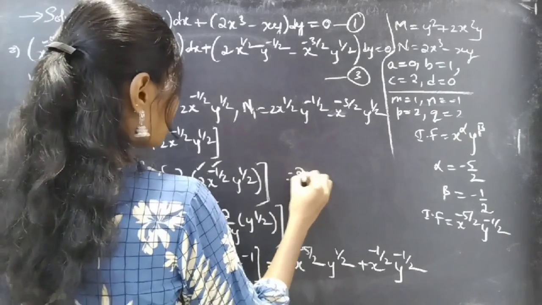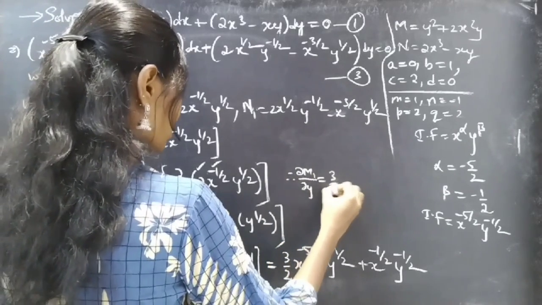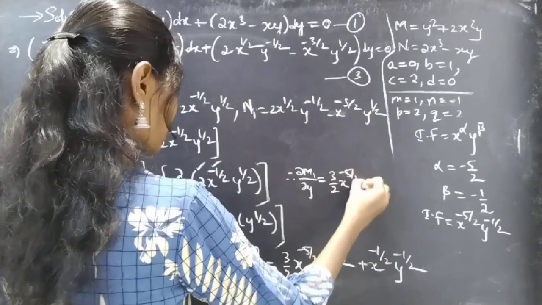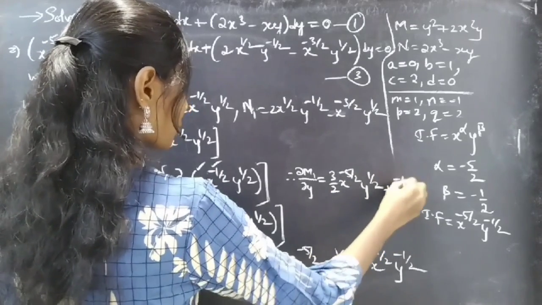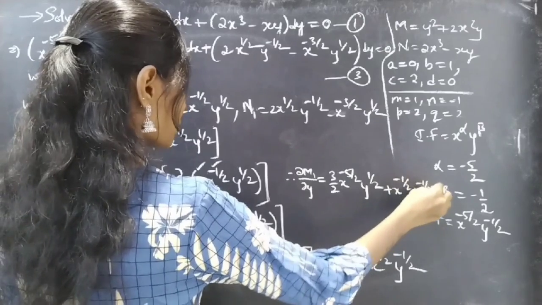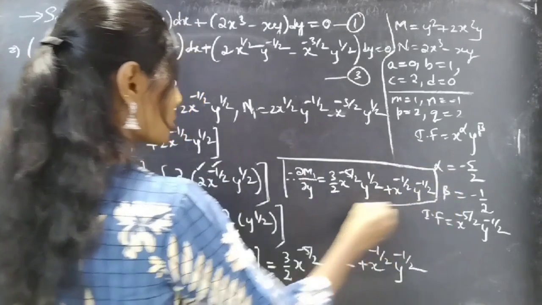Therefore, partial derivative of m1 with respect to y equal to 3 by 2 x power minus 5 by 2 into y power 1 by 2 plus x power minus 1 by 2 into y power minus 1 by 2. So we got partial derivative of m1 with respect to y.